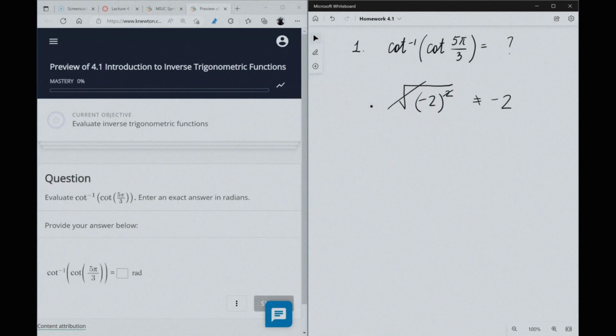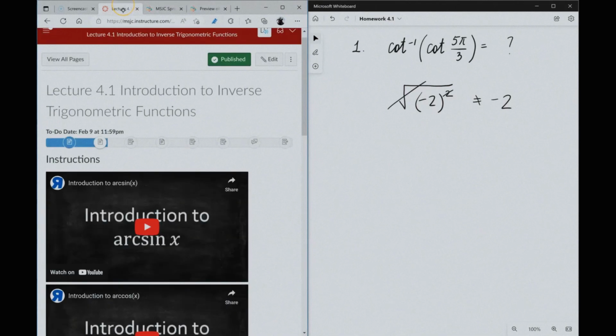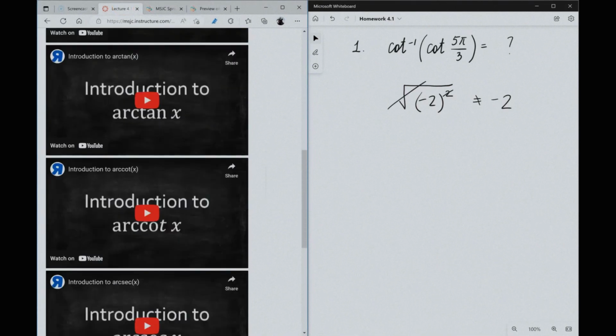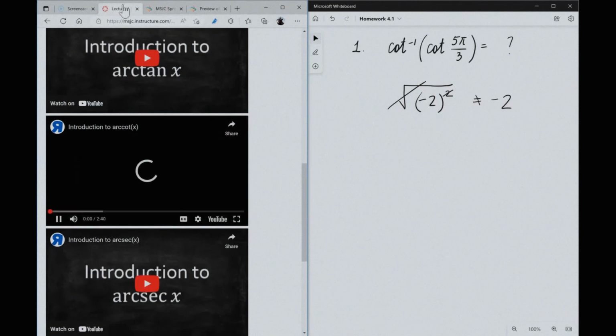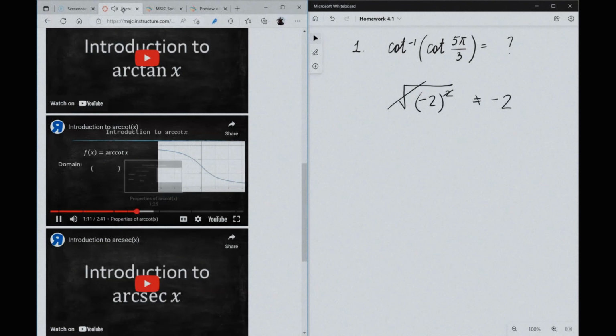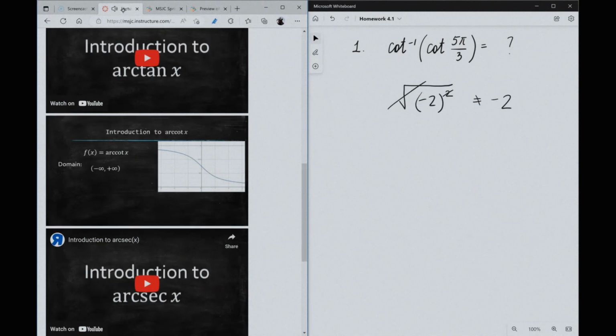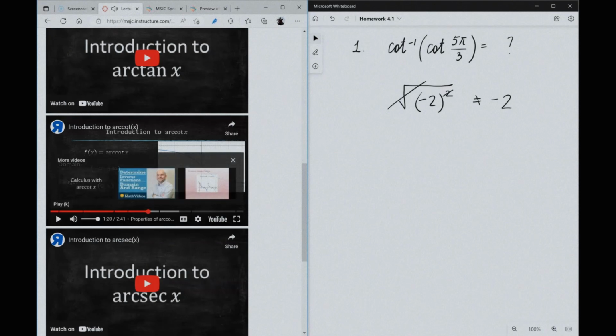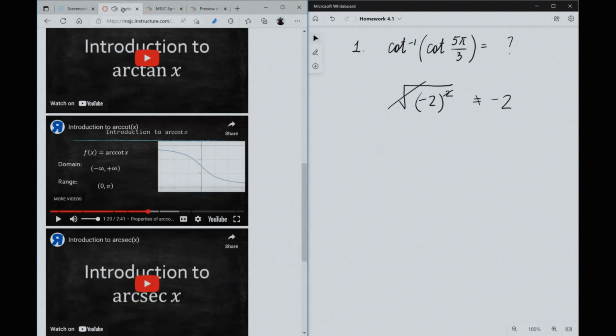Well, first we need to check the domain of cotangent inverse. And what's the domain of cotangent inverse? The answer is right here. So the domain of cotangent inverse is from, I'm sorry, not the domain, the range. We're looking for the range in which the outputs of cotangent inverse are expected to be in. And it says 0 to pi.